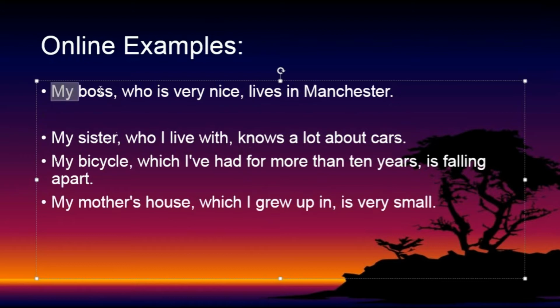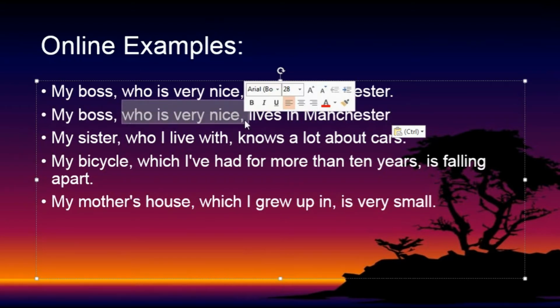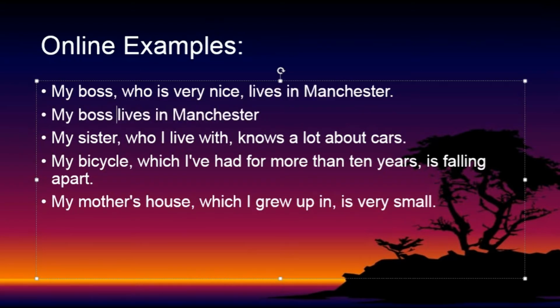So let me repeat this here and explain what I mean. This is my first sentence, right? And my second sentence is he lives in Manchester, right? So I have two sentences now.